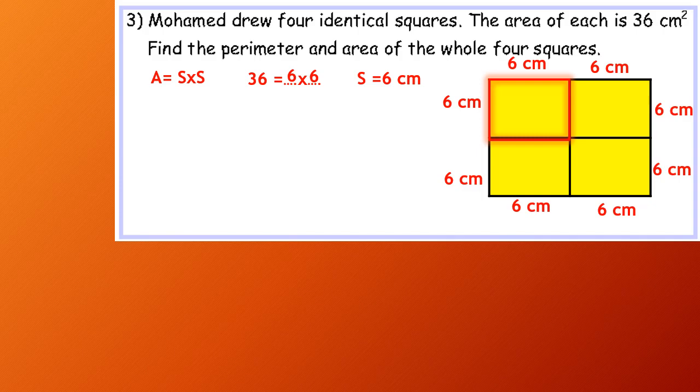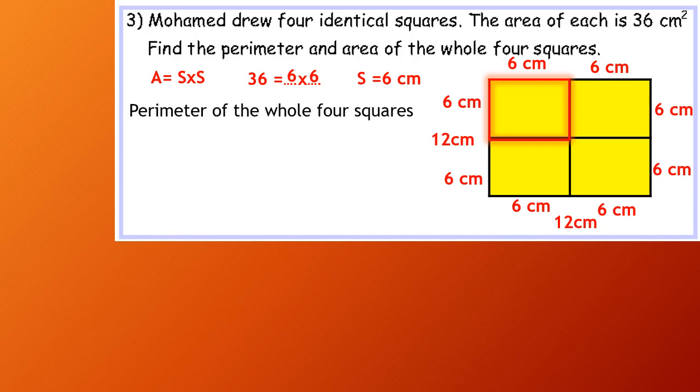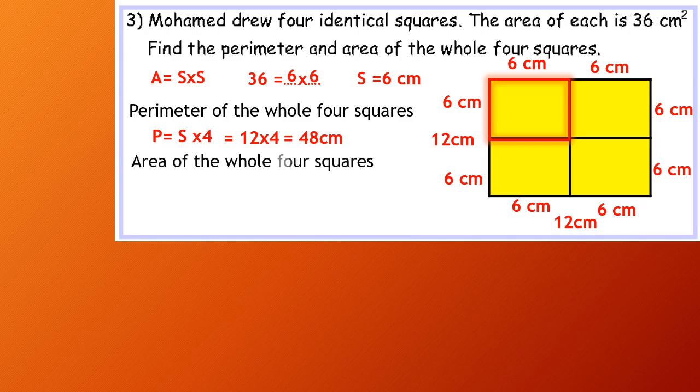The perimeter and the area of the big square. Its side is 6 plus 6, 12 centimeters. So the perimeter of the whole 4 squares, or the big square, equals side by 4. 12 by 4 equals 48 centimeters.